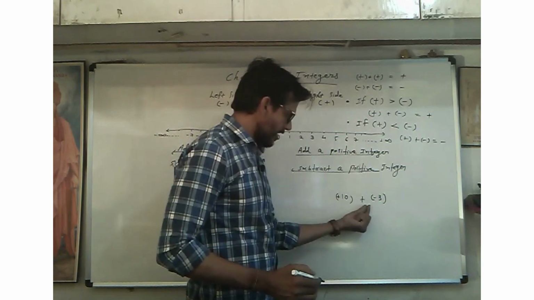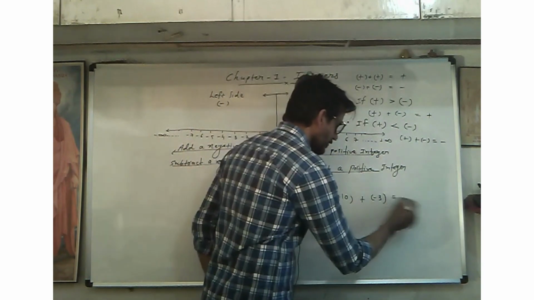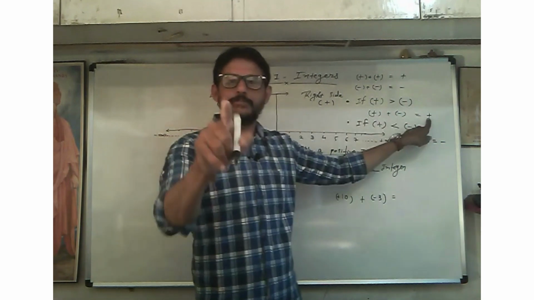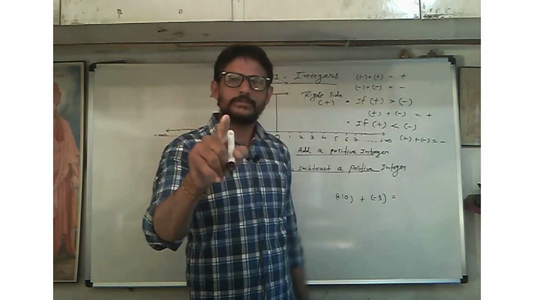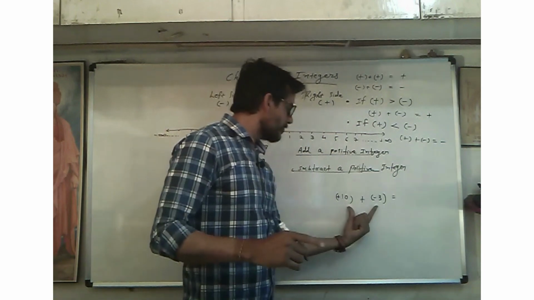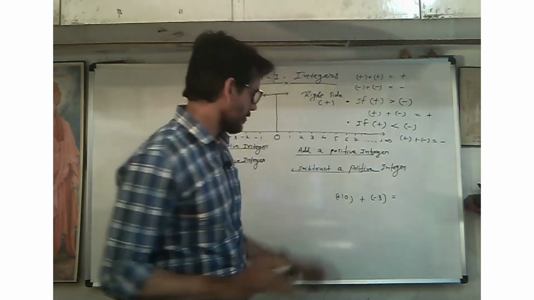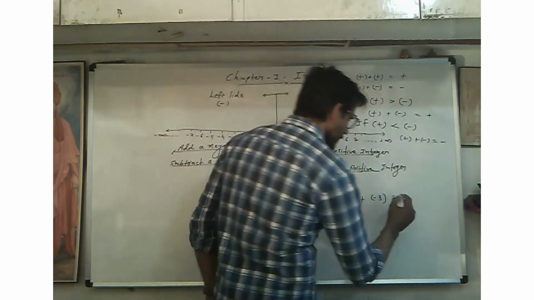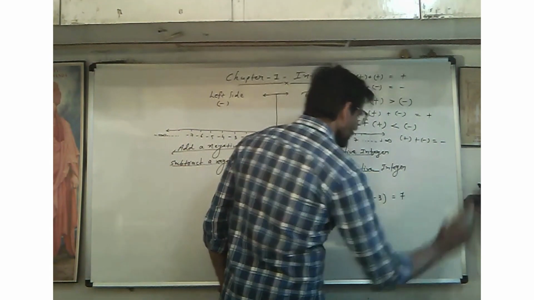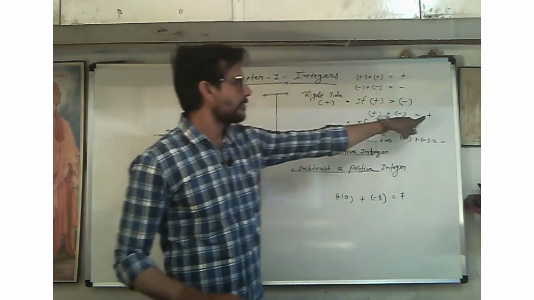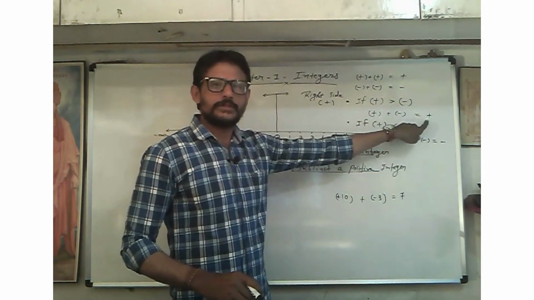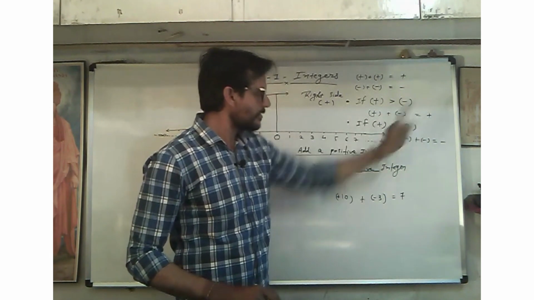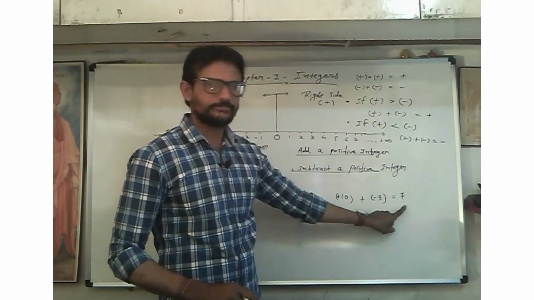When you add, you will get plus. But remember, between these two integers, there will be subtraction. 10 minus 3 is equal to plus 7. So this is the result. Plus, here is also plus in this case.